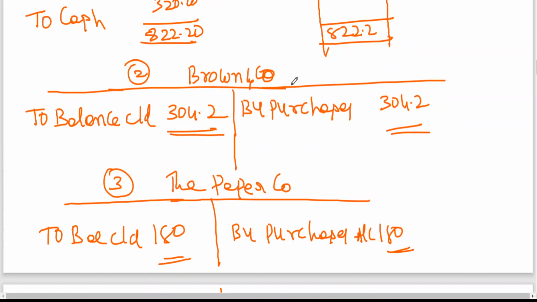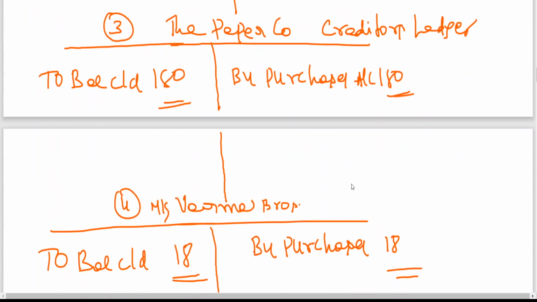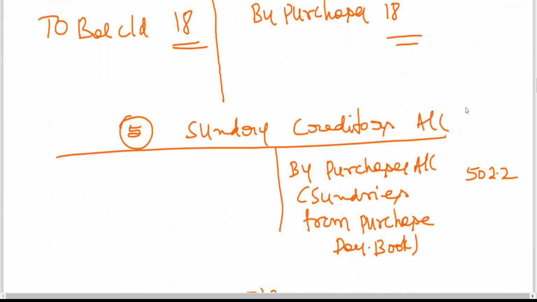Clear? Brown and Co, creditors ledger. What is a ledger? A separate notebook where all individual suppliers' names will be there. This is creditors ledger. This is which ledger? General ledger.